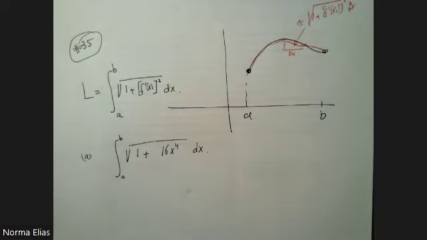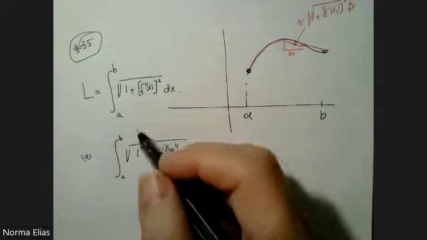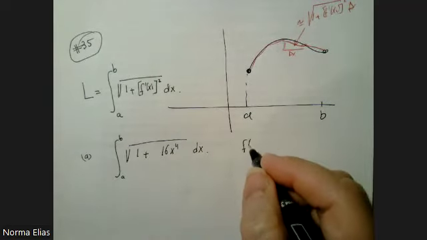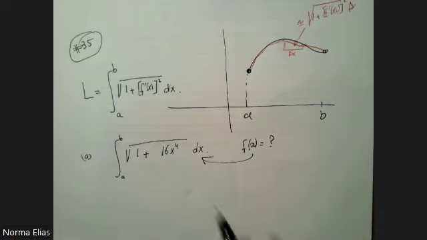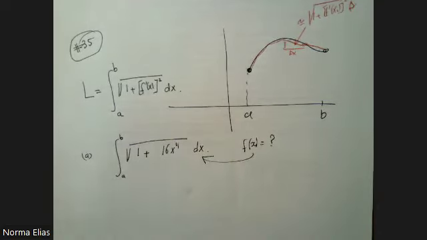What's given inside the integral? They give us the integral, and they ask us, what is the function whose arc length is given by this integral? So that basically wants you to go backward. All right, ideas?